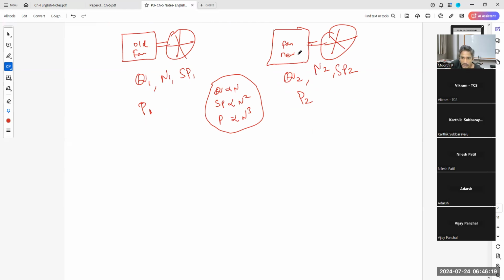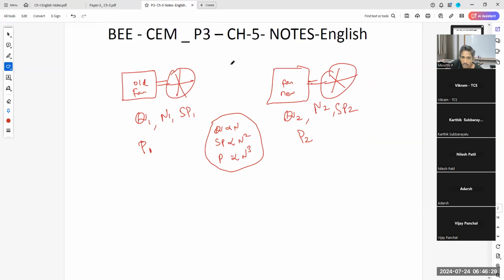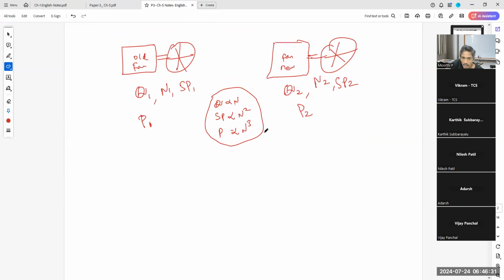You have to imagine. Okay, new fan. That means you improve the pressure, or improve the speed, or improve the flow. How to equate the formula for two fans, two systems, or for improving the operation of the same fan.